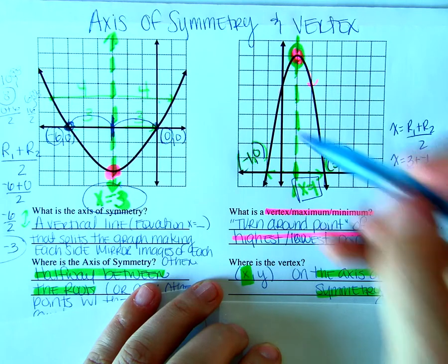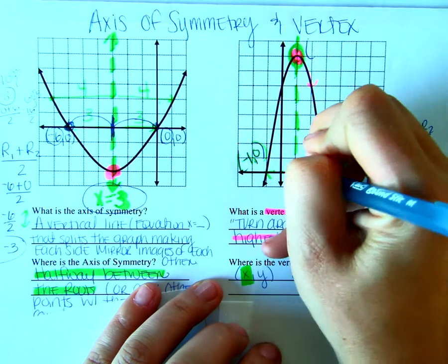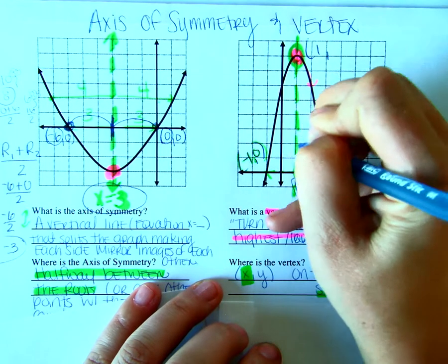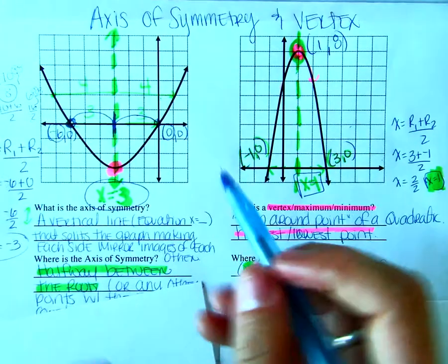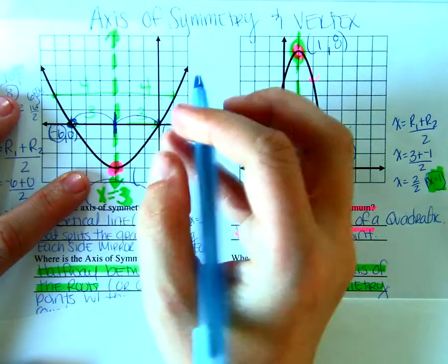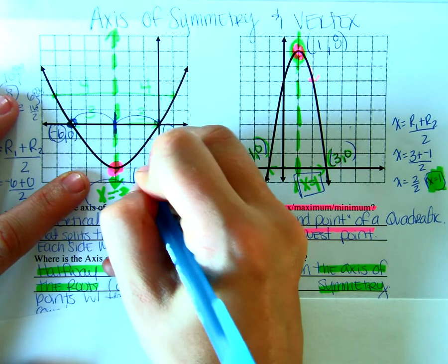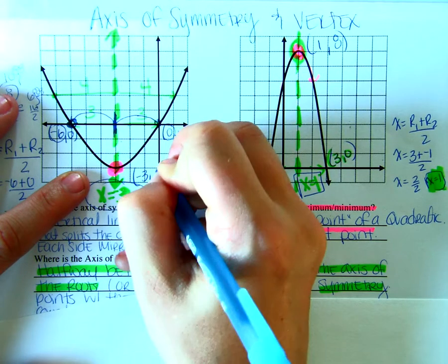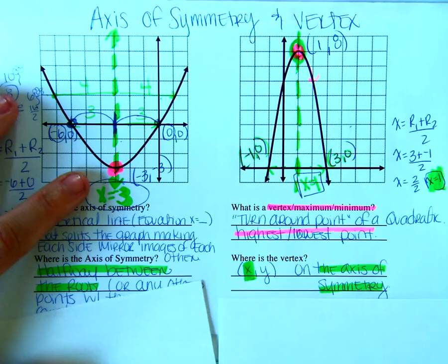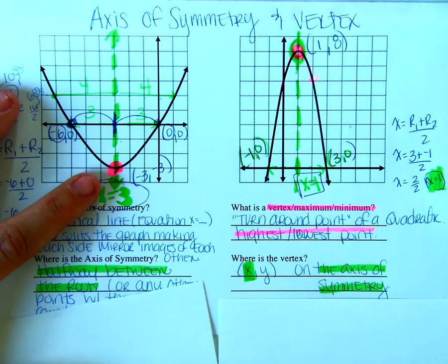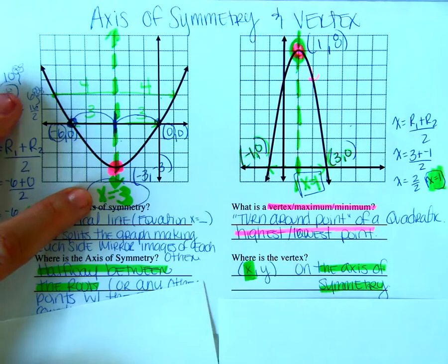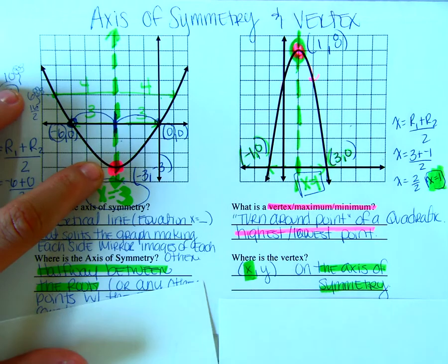The coordinate of this point is 1, 2, negative 3. So as you notice, because the vertex is on the axis of symmetry, whatever the axis of symmetry is, that will be the x-coordinate of the vertex.